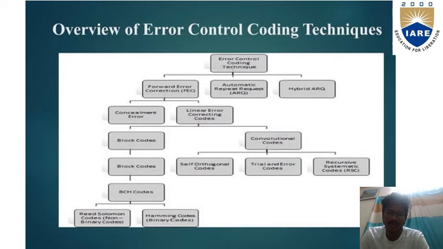In convolutional codes there are three types: self orthogonal codes, trial and error codes, and recursive systematic codes, RSC. And in block codes there are two types, Reed-Solomon codes, these are examples, and Hamming codes, binary codes. These are all about the overview.